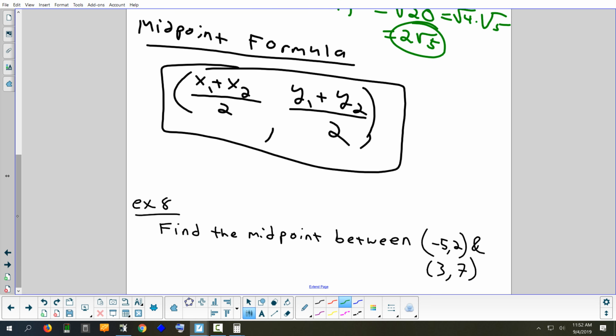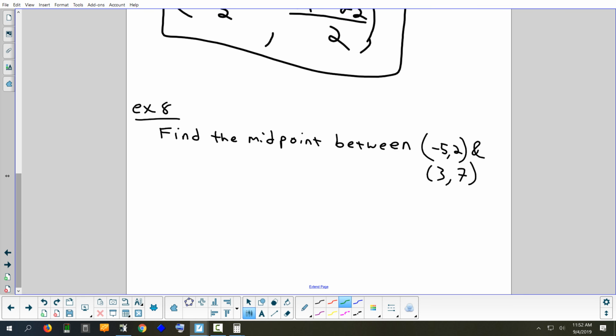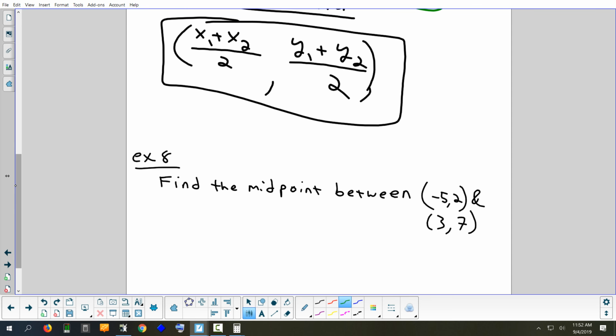Okay, so let's find the midpoint between those 2 coordinates: -5, 2 and 3, 7. What's the average of -5 and 3?